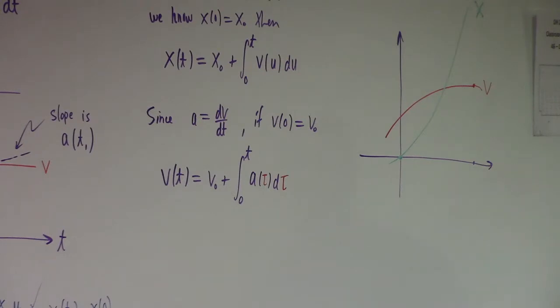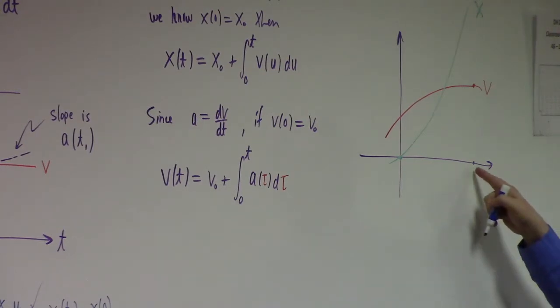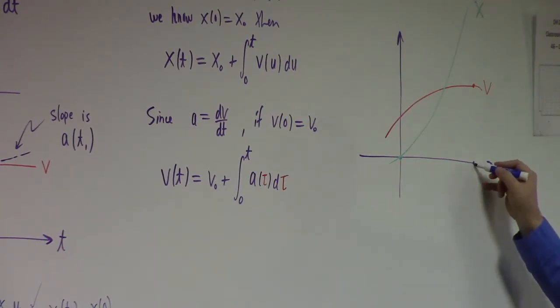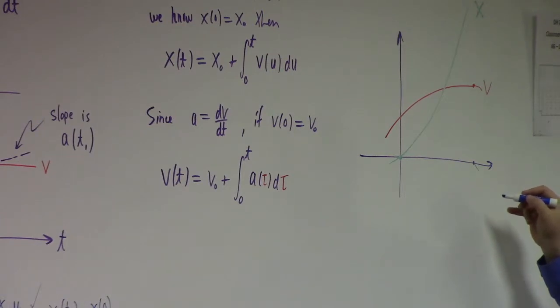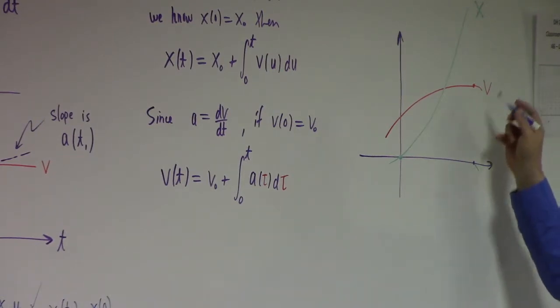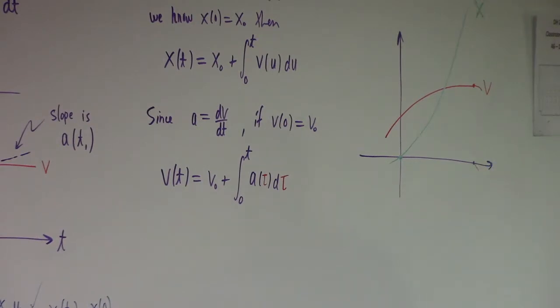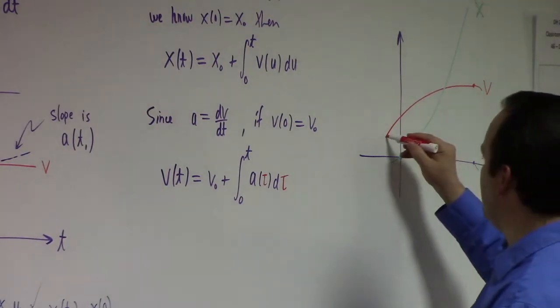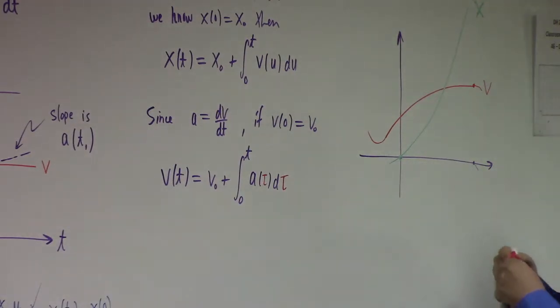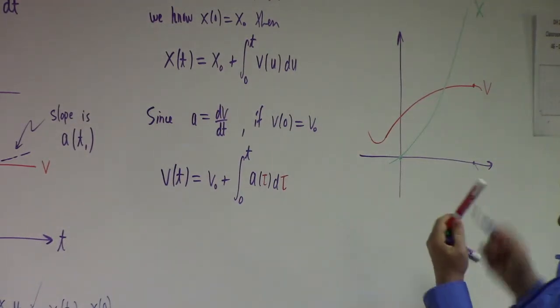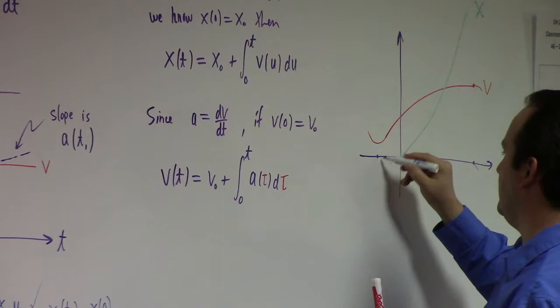So acceleration is 0 there, and it looks like it's negative over here, maybe not that extreme, but whatever, and positive. Here, just to make it interesting, maybe this happens. Then that would put a 0 back in the velocity.